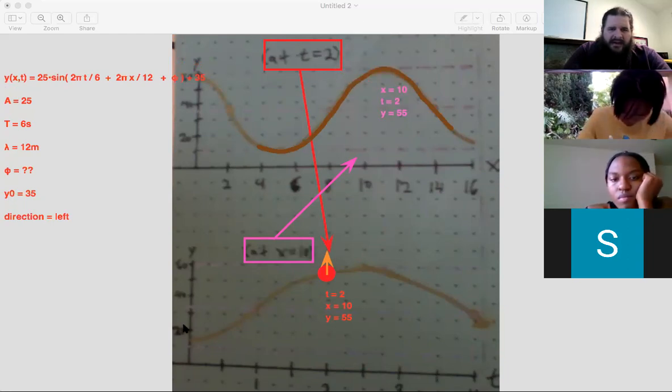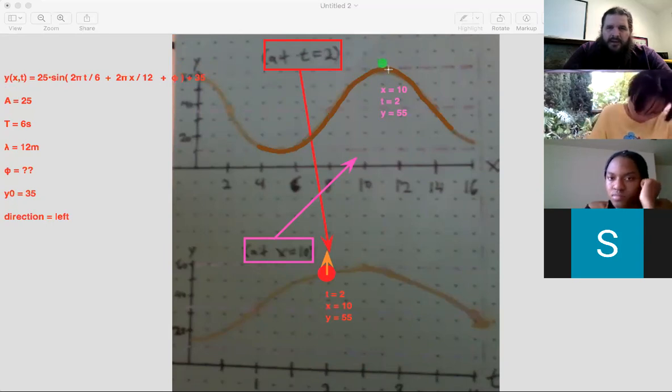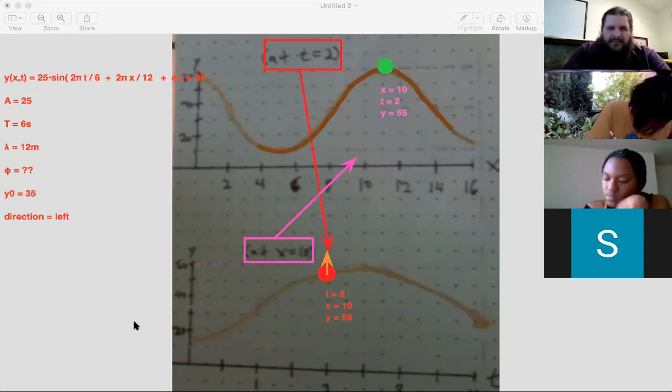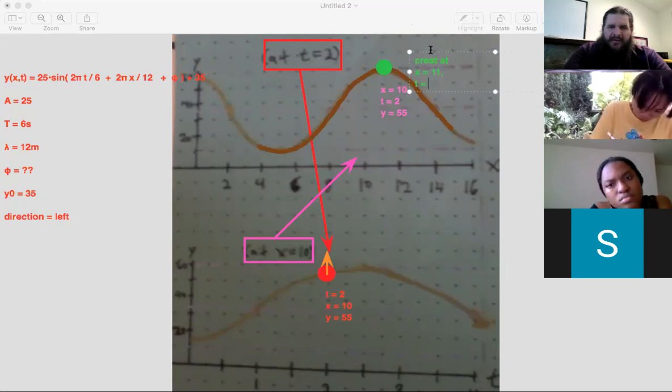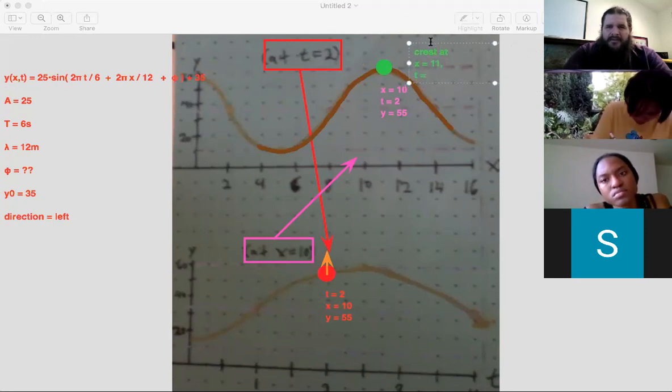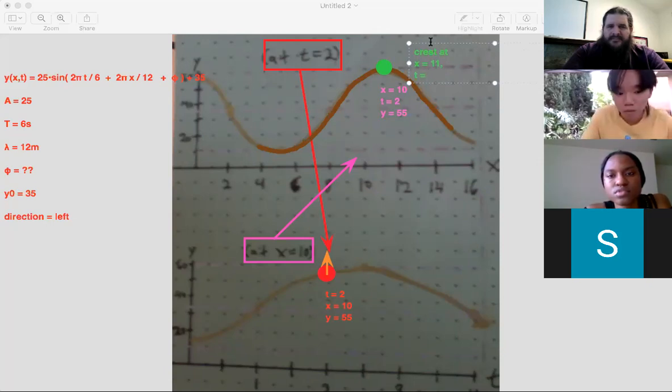If we take a look at x equals 11, right here, that's definitely a crest. So we have a crest at x equals 11, t equals, what's the time value for this entire graph? 2.